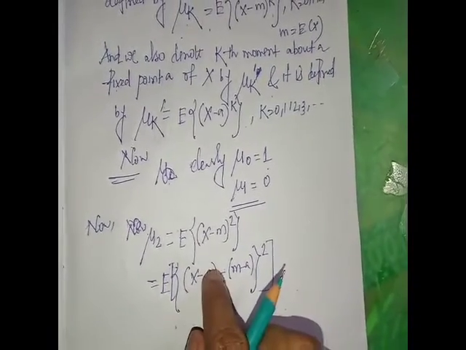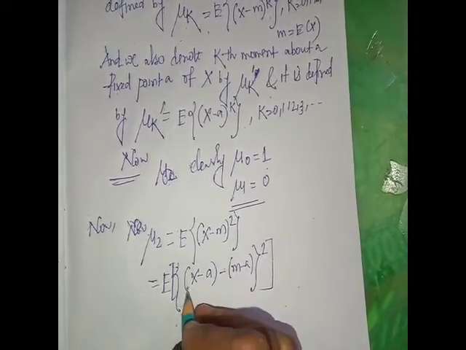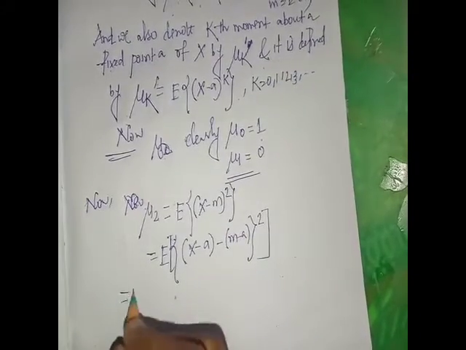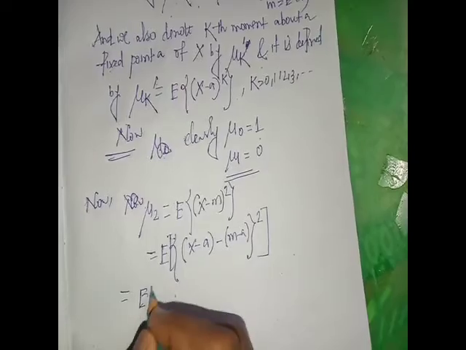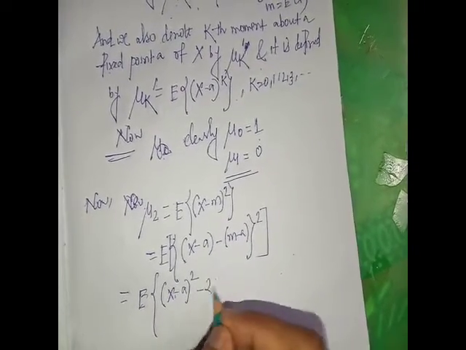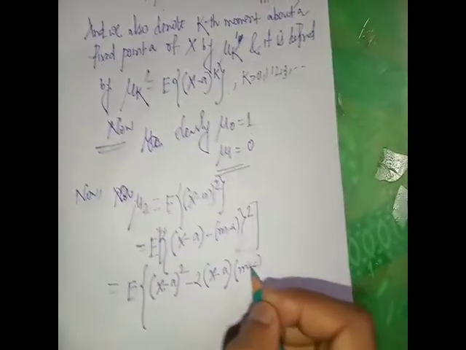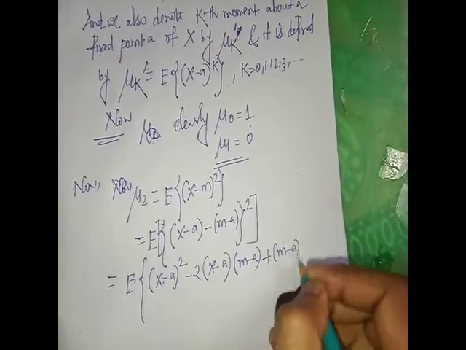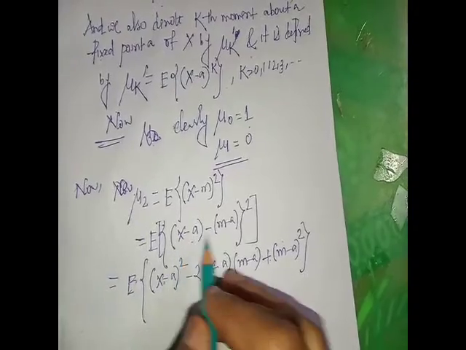We add a, then we subtract a. Just rearrange these terms. Using the formula of (a minus b) whole square, this equals expectation of (x minus a) whole square minus 2 into (x minus a) into (m minus a) plus (m minus a) whole square.